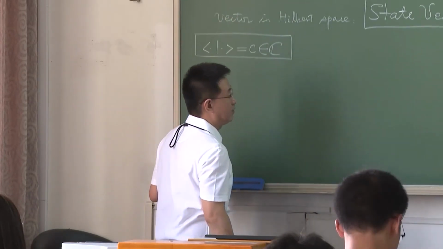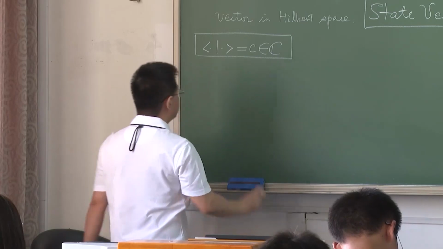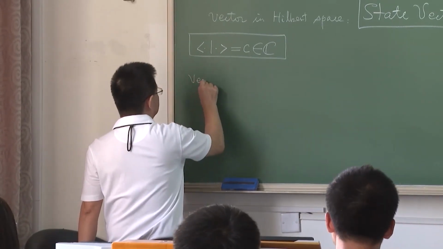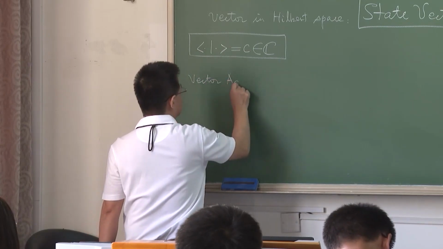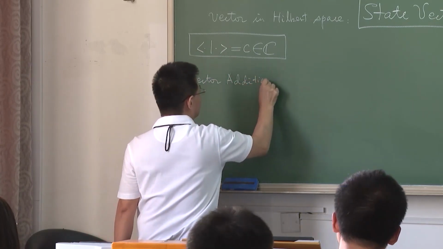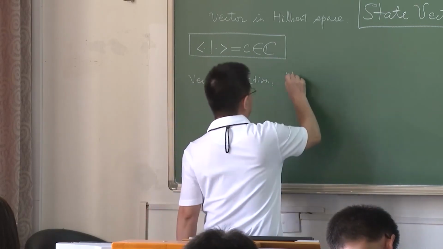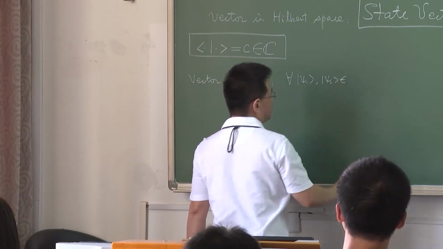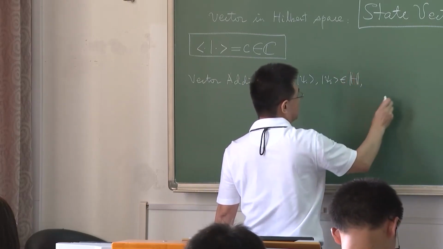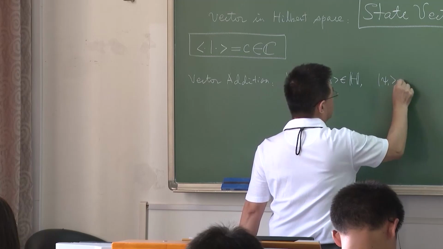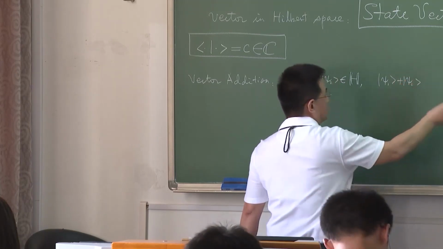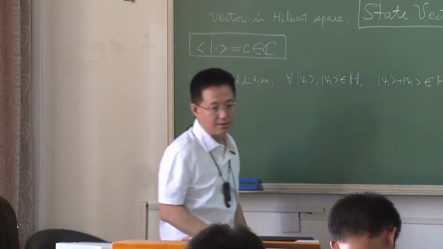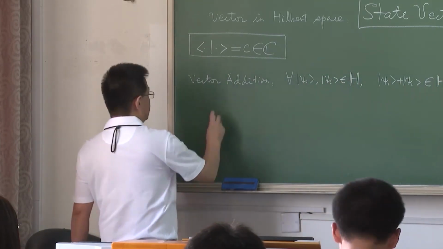So we have the following several operations for the state vector. One is the vector addition. For any psi 1 and psi 2 belonging to this Hilbert space, psi 1 plus psi 2 belongs to the Hilbert space. So that is the vector addition.